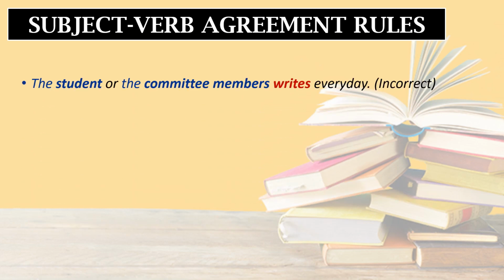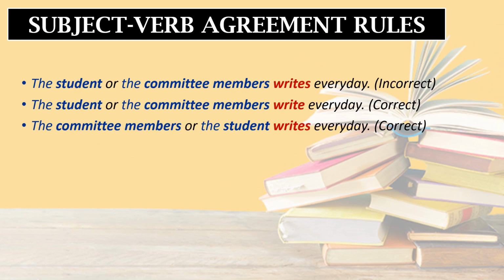Other set of examples. The student or the committee members writes every day. As we can see here, the student is in its singular form, and the committee members is a plural subject. But we have to agree with the subject that is closer to the verb.